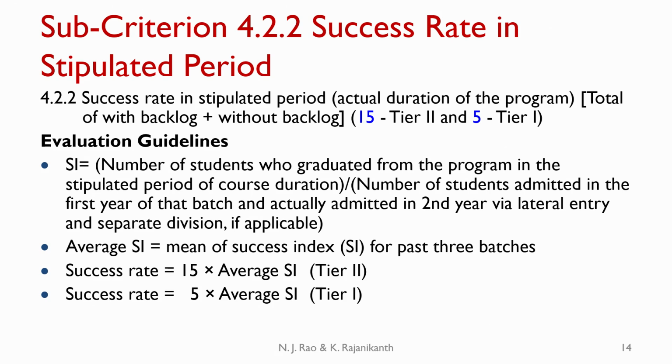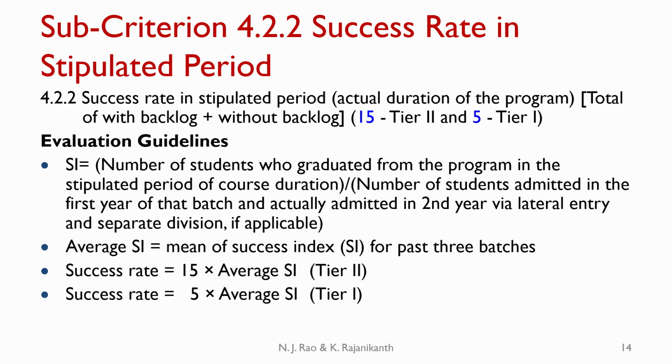Without taking any extra time beyond 4 years, somebody may have passed without backlog or with backlog, that is, somebody might have failed 1 or 2 subjects in the earlier semesters but was able to take care of that in the following years, and completed the program in the stipulated period of 4 years. This success rate is 15 marks for tier 2 and 5 marks for tier 1.